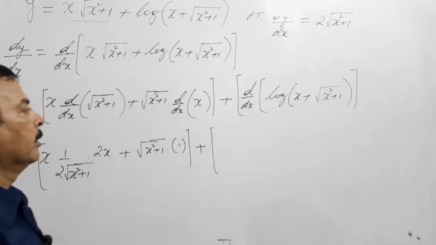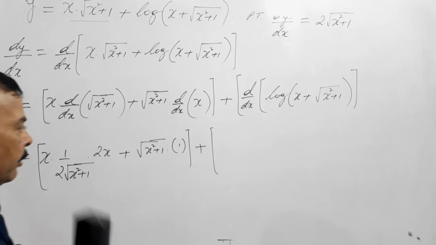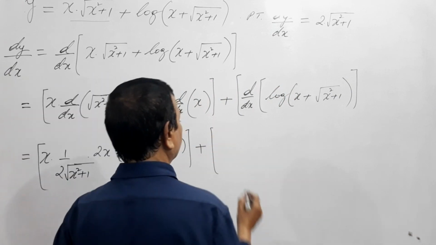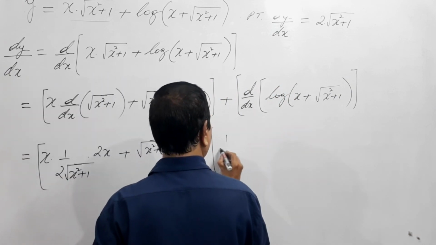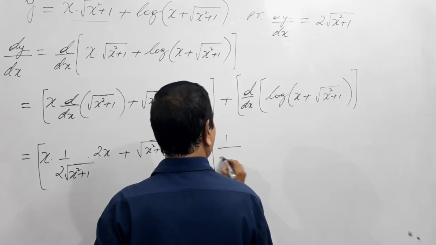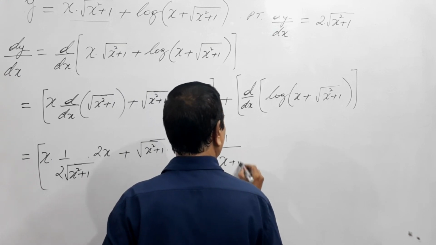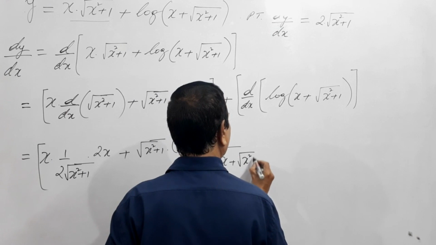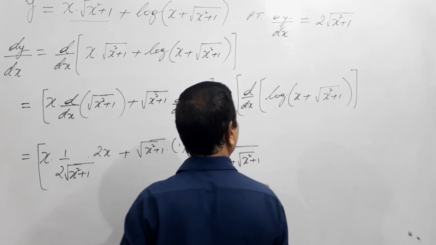So make a change there, sorry for that. So this will be what? If you differentiate this, this will be 1 by x plus under the root x square plus 1.